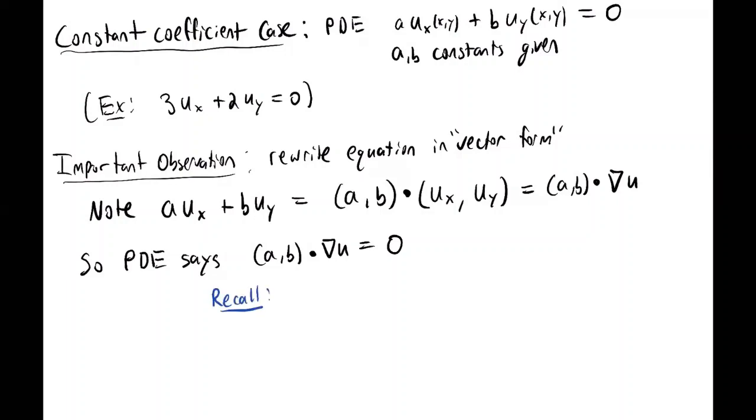And so now it's worth pointing out that the quantity on the left, a comma b dot product gradient of u, is the directional derivative of u in the direction a comma b.